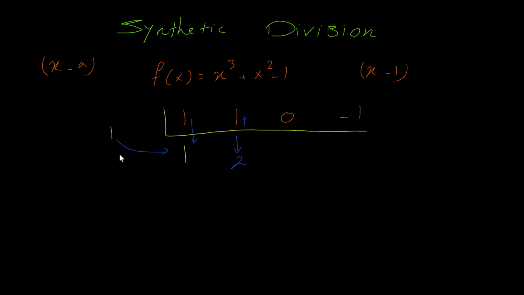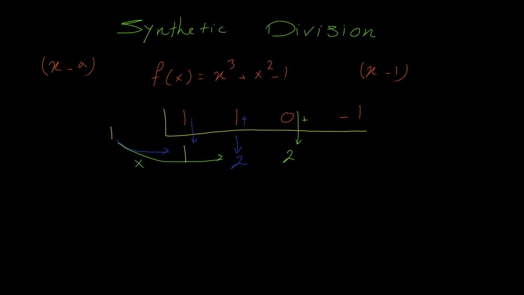Then the next one is going to be what? So the next one is going to be 1 multiplied by 2. So this is always multiplication, and here is the addition. So 1 by 2 plus 0 gives me a 2.